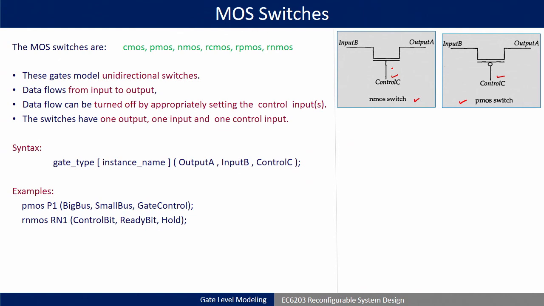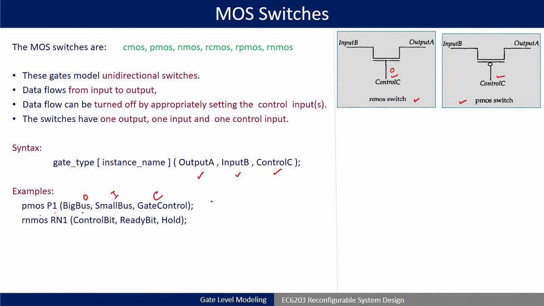Okay. So, in this case if I give a 0 here, then the output will become Z, okay, because this NMOS as a switch will behave like an off switch. The syntax is gate type, instance name. Here also the output is first, followed by input, followed by the control input, right, and you can just see pmos is the gate available, p1 is the instance name, bigbus is my output, smallbus is my input, and this is my control signal.